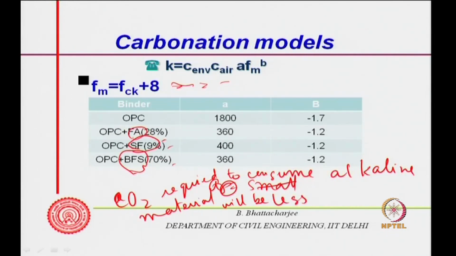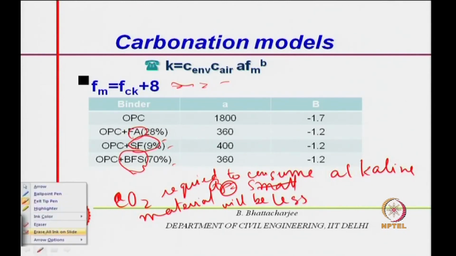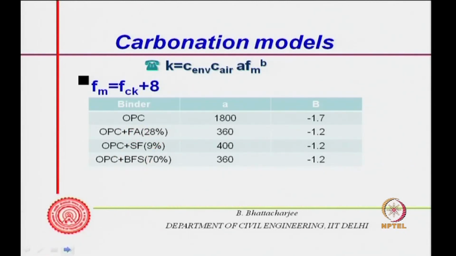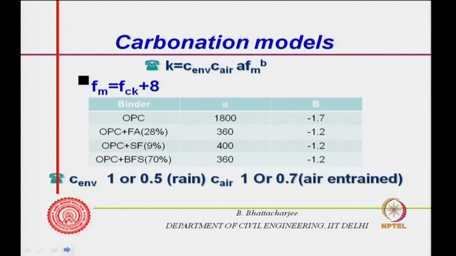So, therefore, these values appear like this. But that is nothing to worry much about, because although the carbonation process must be faster, moisture ingress may be slower in this material, and their microstructure is improved.